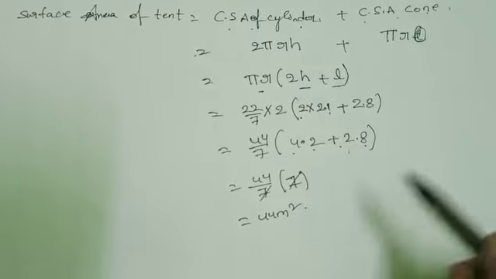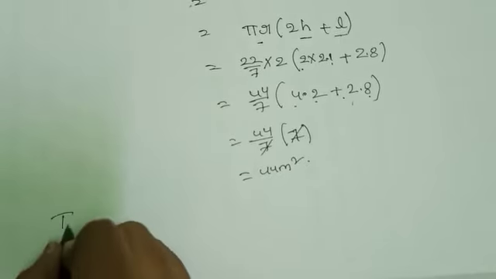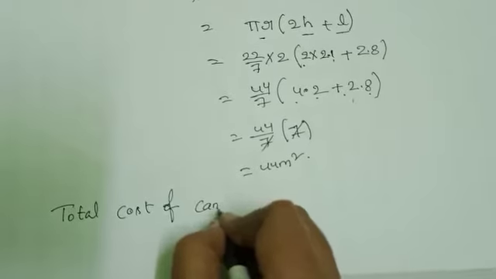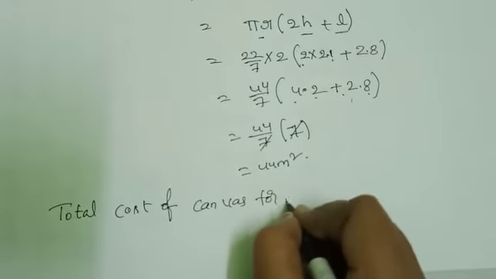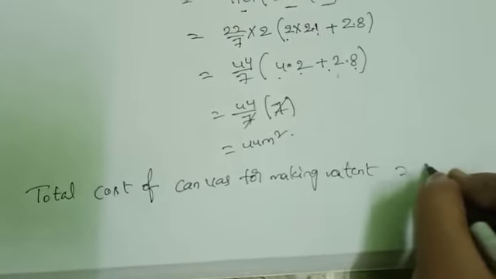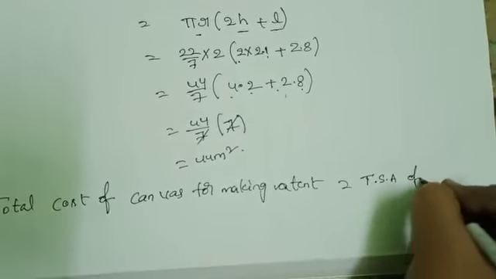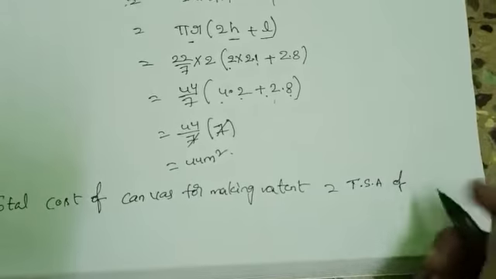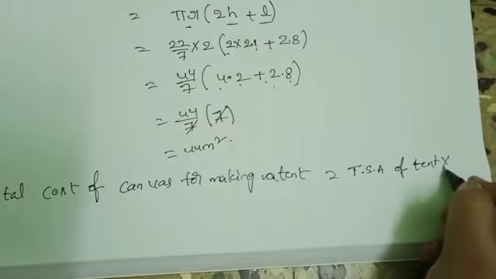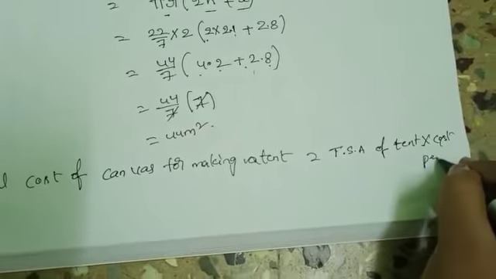Here we have to find the total cost of the canvas for making a tent. So total cost of canvas for making a tent: total surface area of tent into cost for each meter square.